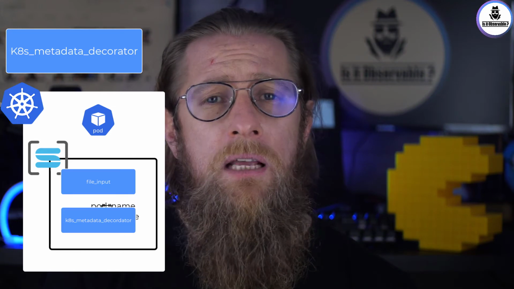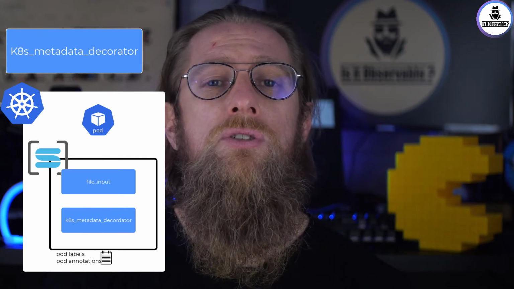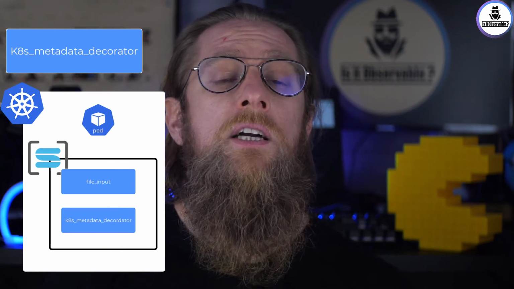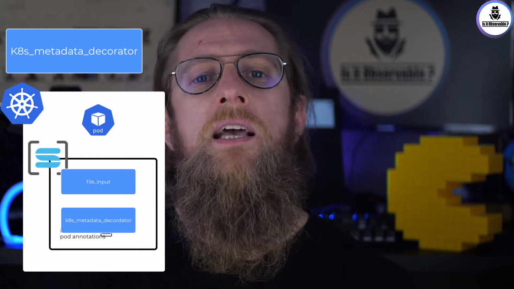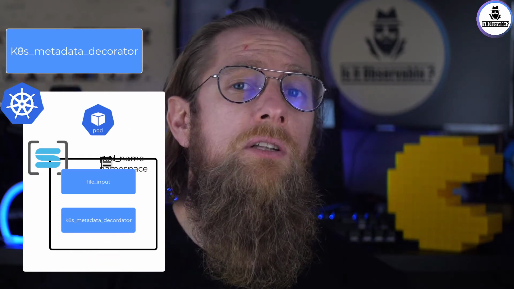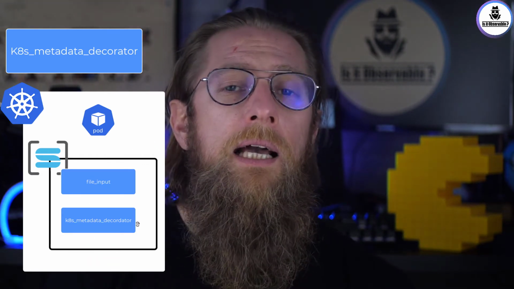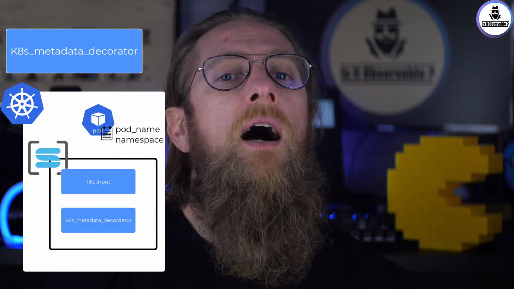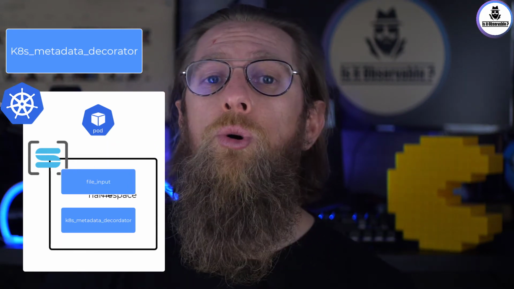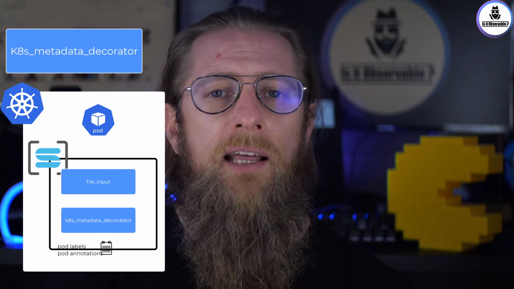We didn't specify the namespace and the pod name because in our logs we have the default name, which is namespace, and the default pod name, which is pod underscore name. As a result, Kubernetes will add all the labels that are attached to that specific pod in that specific namespace. It will add new fields, resources or labels in our log stream.